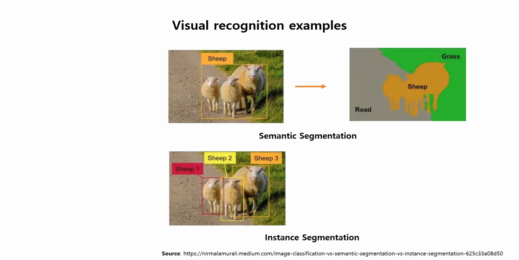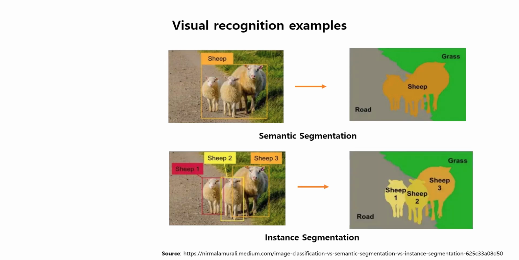If you do instance segmentation, the objects within the same class are classified differently. So there are three shapes, and each shape is classified differently as shape 1, shape 2, and shape 3. And there are five classes in total if you do instance segmentation.